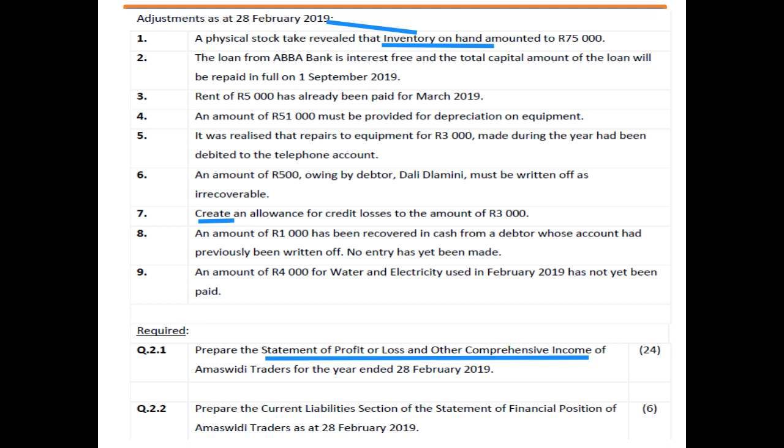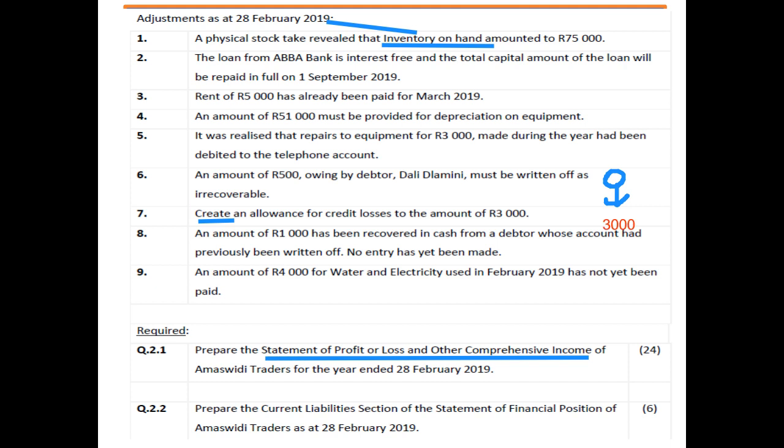Ne? Yes. So in other words, our credit losses currently are 0. So now we must create from 0. Now we are going to have what? 3,000. This is what they mean. So from 0 to 3,000.